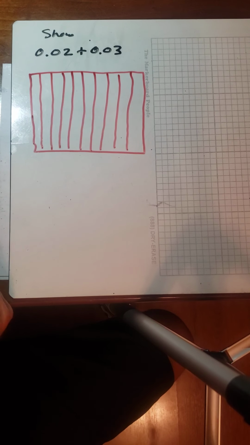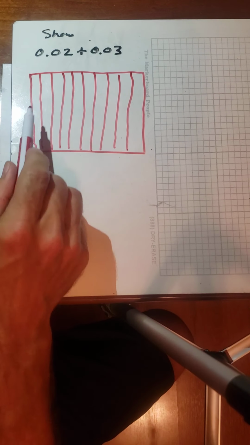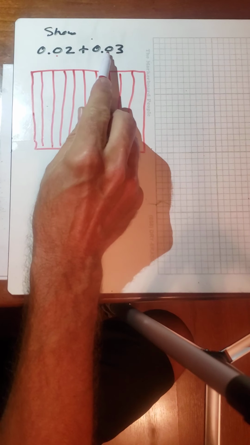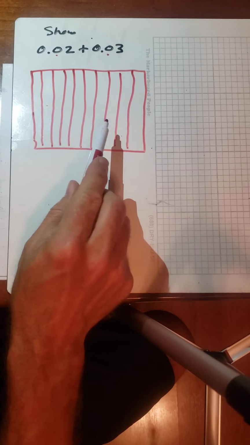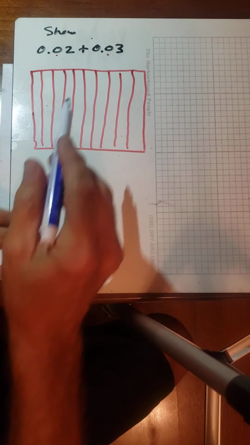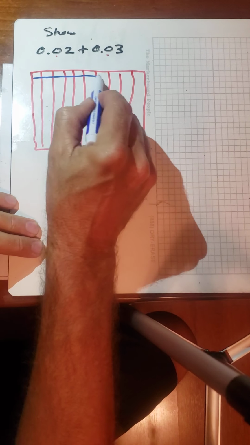I've got my lines drawn, but remember, these were tenths, and I don't have any tenths. I don't have any tenths, so I don't even need tenths. Instead, what I need to have drawn are hundredths. So then I'm immediately going to go back this way.